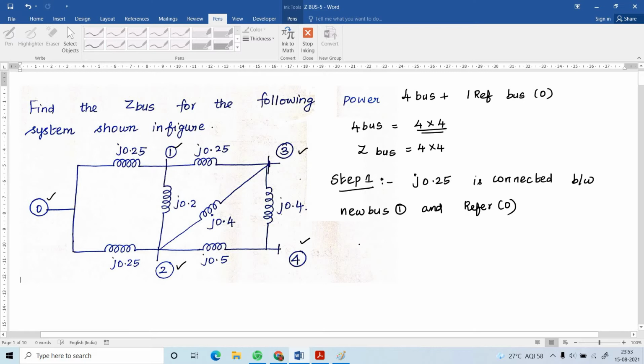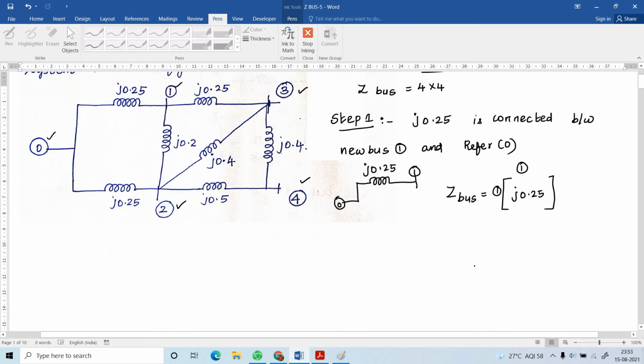I am going to redraw the power system. Here 1 is connected to the reference bus 0. The impedance given is J0.25. How to write the ZBUS? ZBUS equals, it consists of only one element, J0.25, at position 1, 1. This is step number 1.